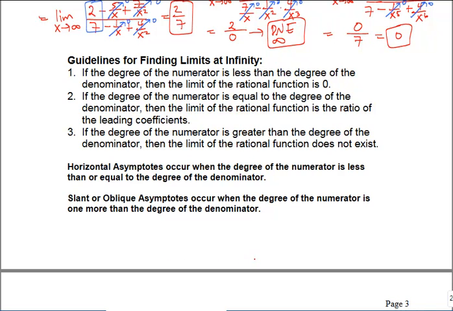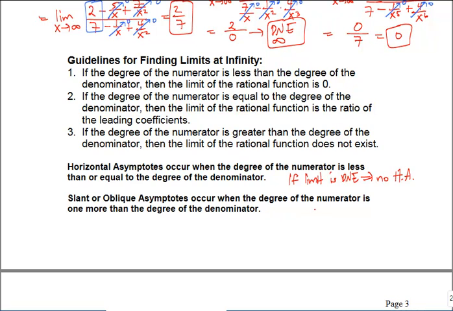In other words, whenever that limit is either a constant, like our ratio 2/7 here, or 0. If you get a limit that's DNE, then that means you do not have a horizontal asymptote. So if the limit is DNE, then there will be no horizontal asymptote.